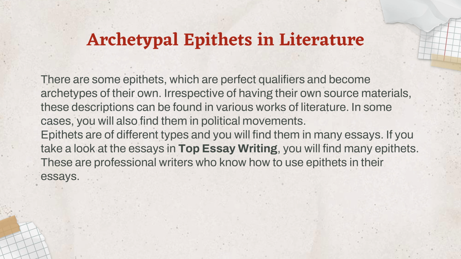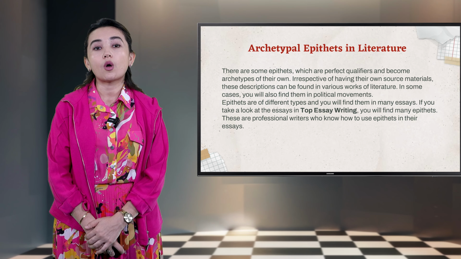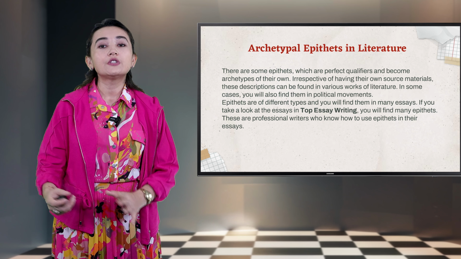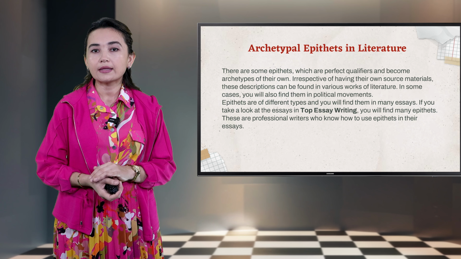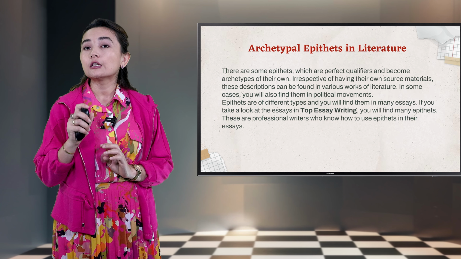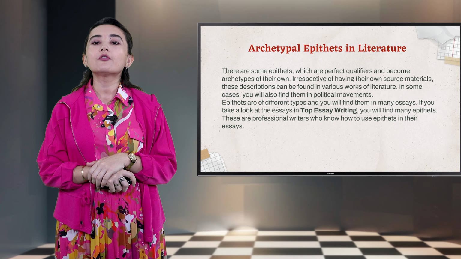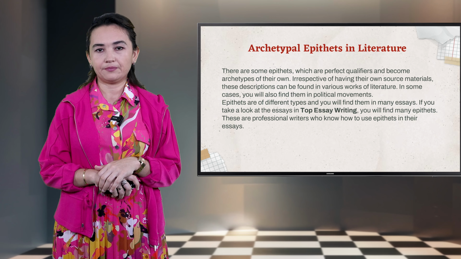And in some cases, you will also find them in political movements. Epithets are of different types, and you will find them in many essays. If you take a look at the essays in top essay writing, you will find many epithets.